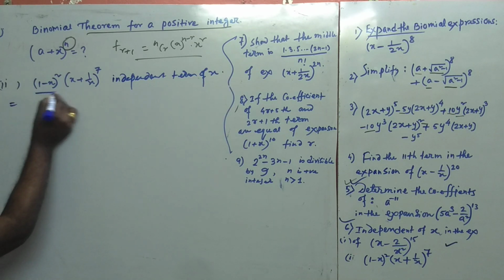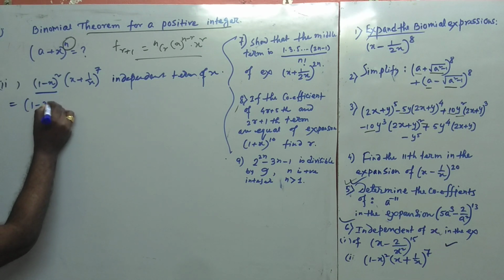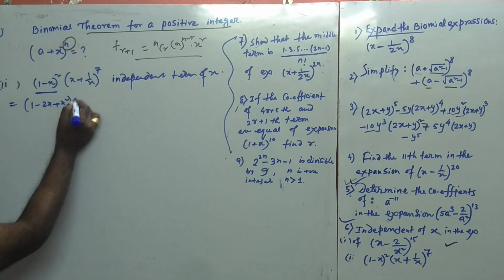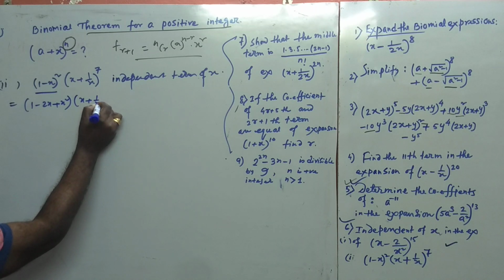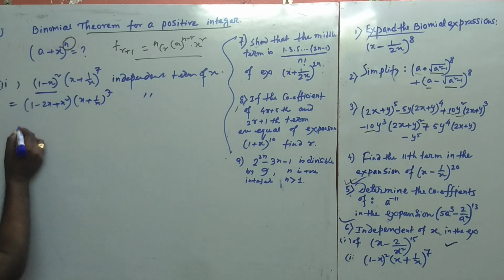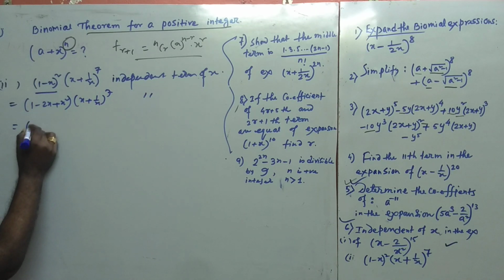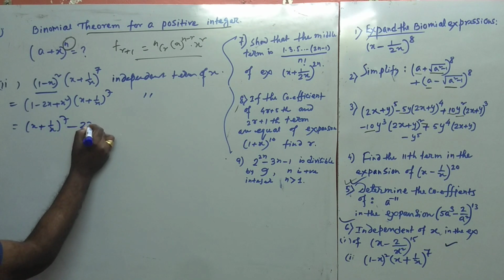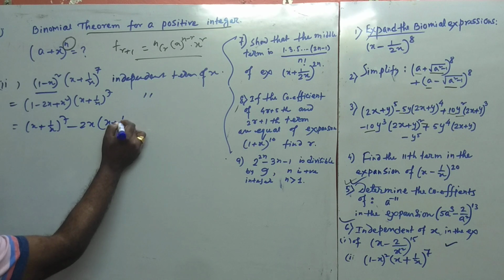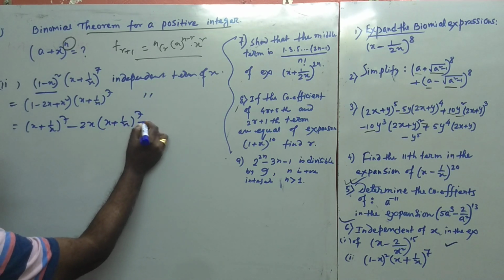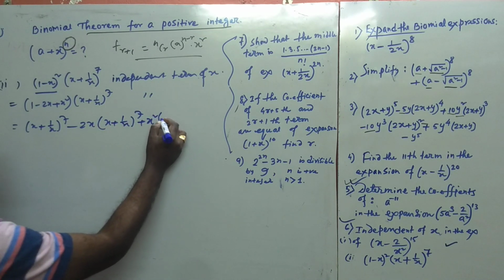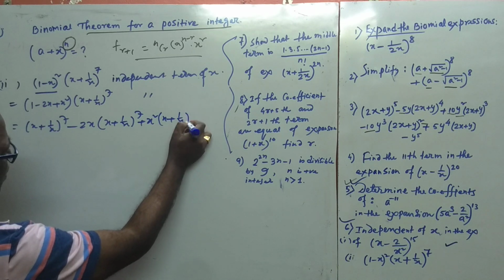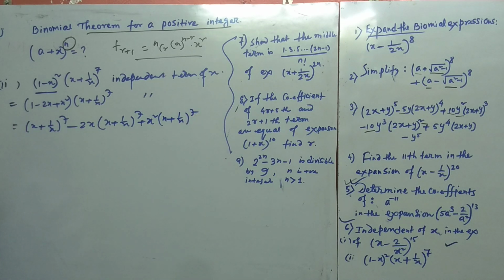So first of all we expand this formula, 1 minus twice x plus x square, and x plus 1 by x whole to the power 7. Okay, and multiply this: 1 by x to the power 7 minus twice x, or x plus 1 by x to the power 7, and x square, whole to the power 7 here.